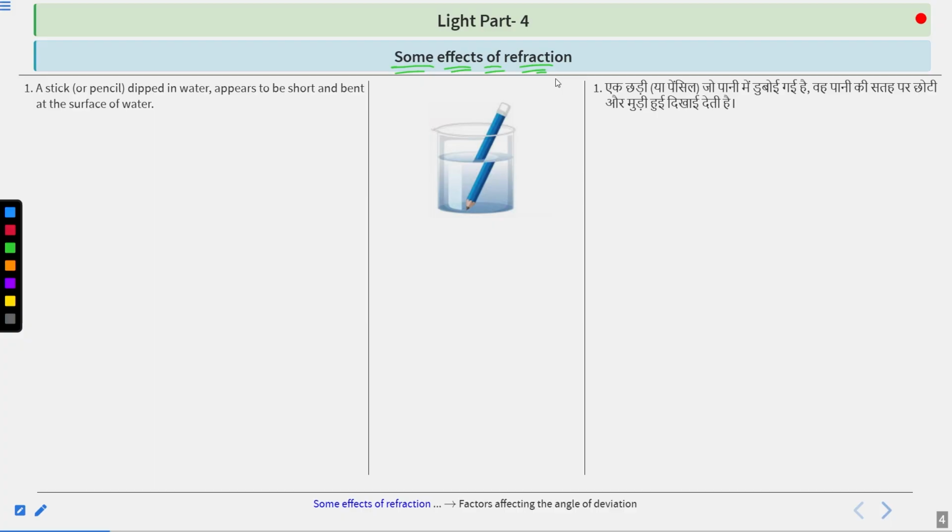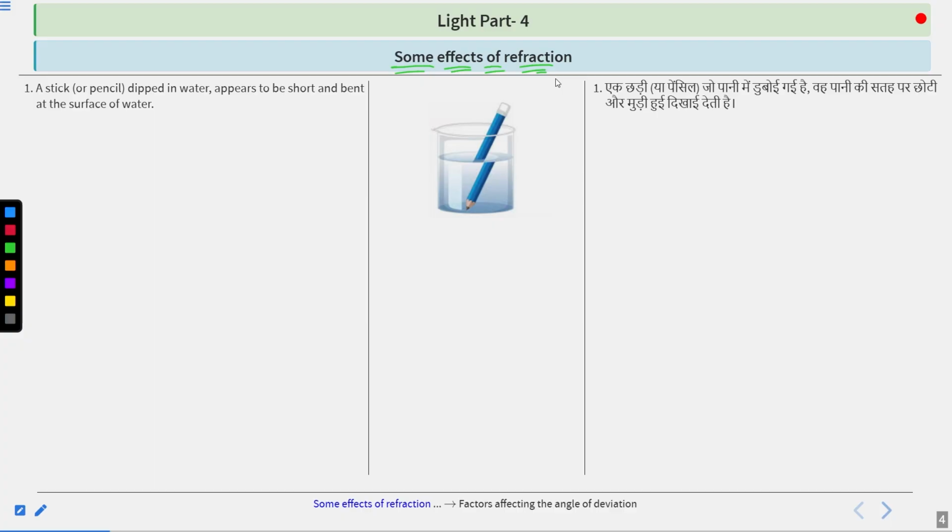Why does refraction happen? Because the speed and wavelength of light change, but the frequency or color of the light does not change while passing from one medium to another. That's why we often notice the phenomenon of refraction.